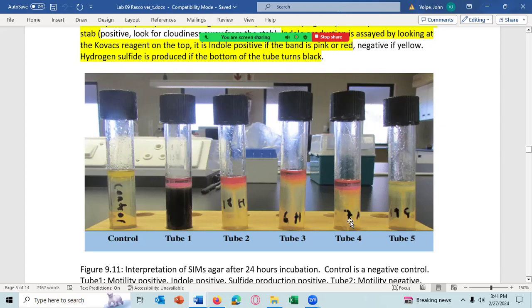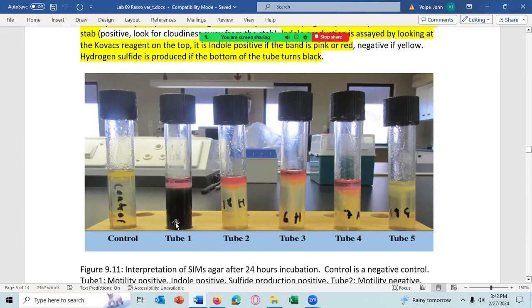This bacteria is flaring outside of the stab. All of this region has growth, and so this bacteria is motile. This is a non-motile.